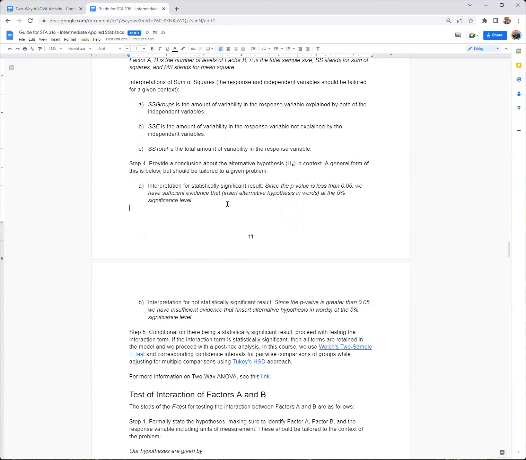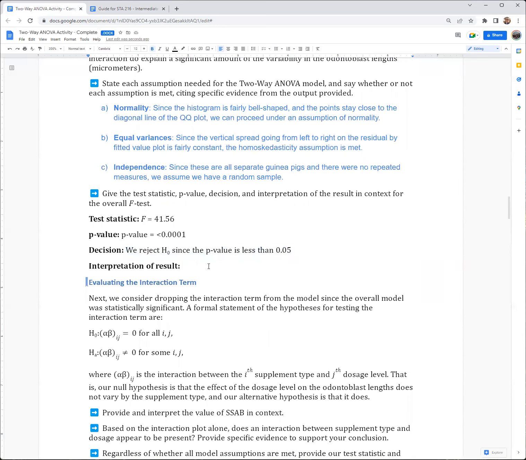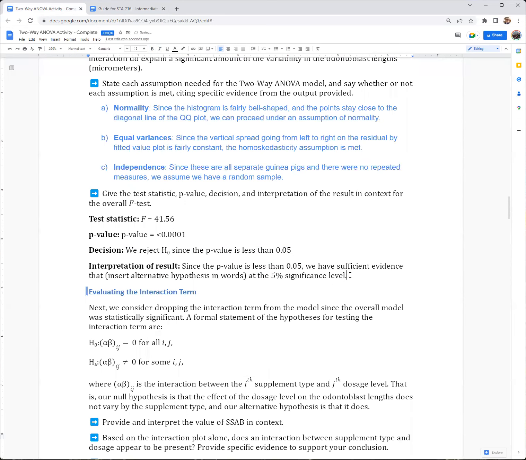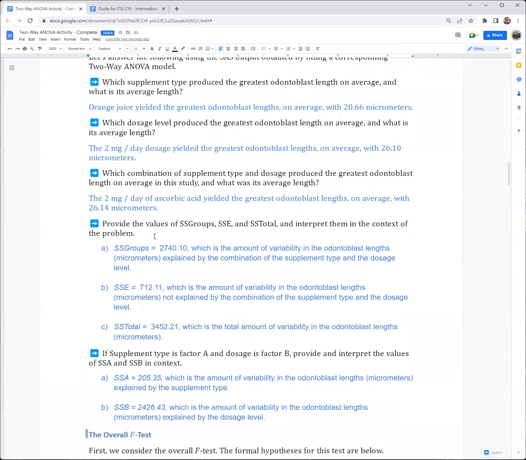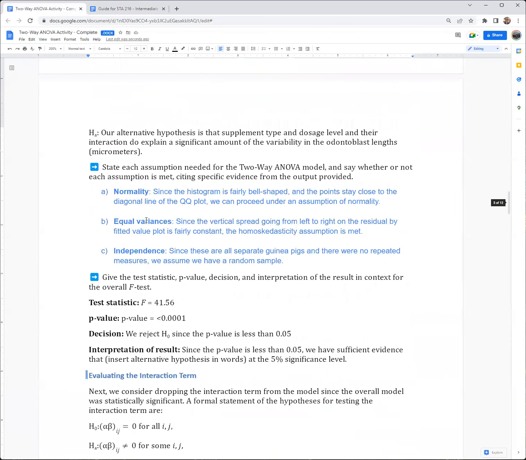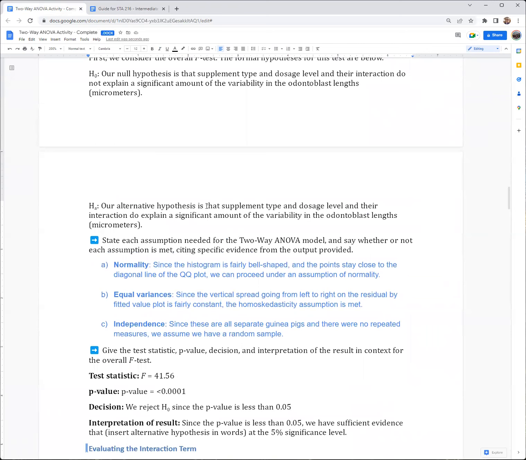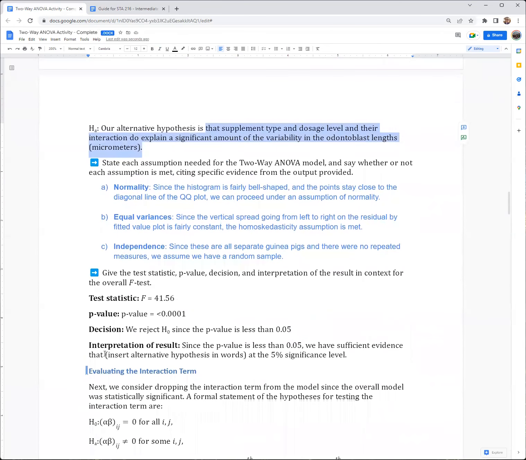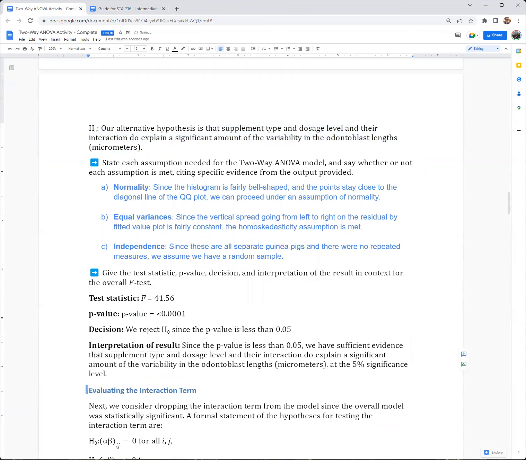So we can copy this example blueprint interpretation here. We have sufficient evidence that the alternative hypothesis in words. Okay, so let's look at what our alternative hypothesis was. Right here. We can copy that.